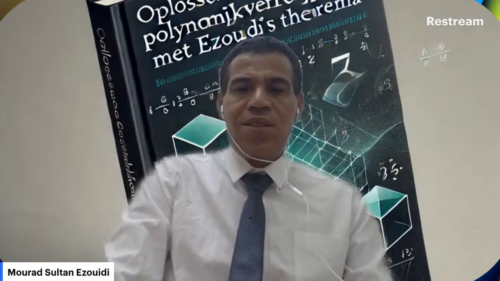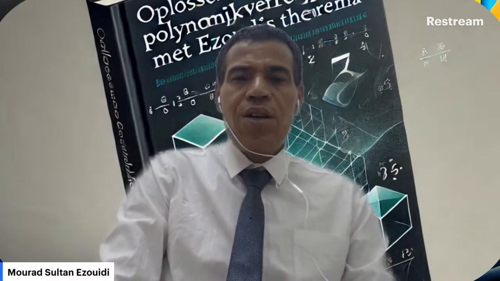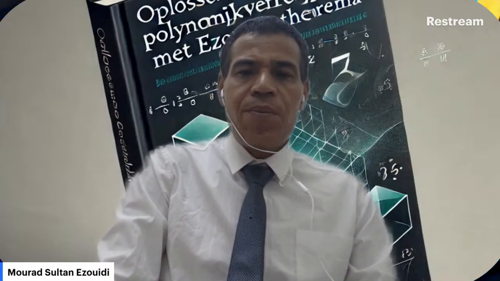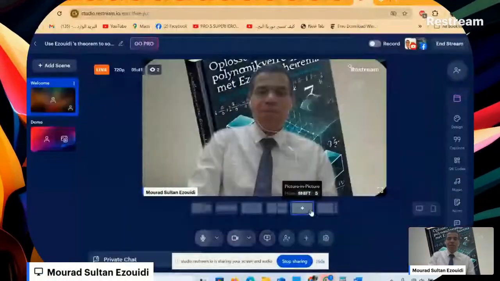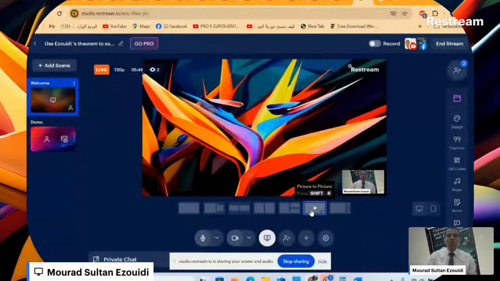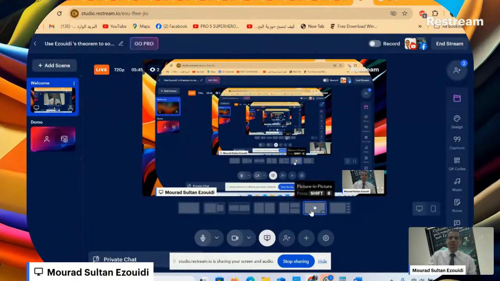So we will use the method to solve the following equation to the power 12. I'm going to share the screen with you so that you can see the polynomial to the power 12. I'm going to let you prepare your paper sheets and scientific calculator so that you'll be able to work with Professor Mourad Sultan Ezouidi on his example.